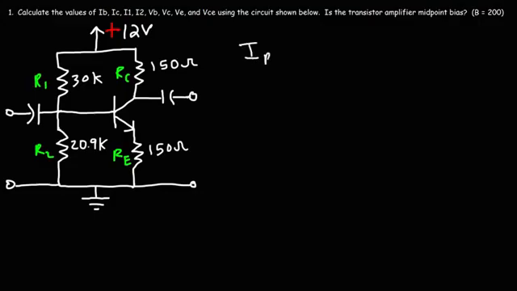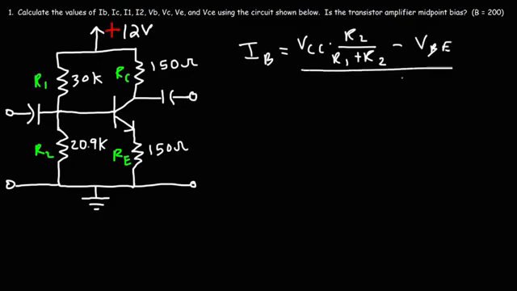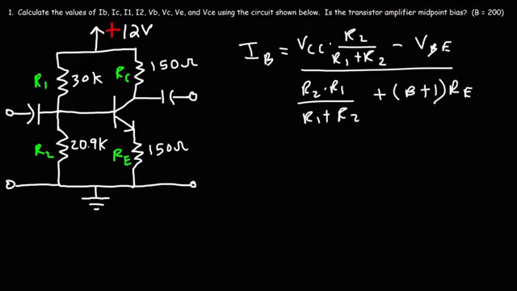Here's the formula that will help you: IB is equal to VCC, the collector supply voltage, times R2 divided by R1 plus R2, minus VBE, divided by R2 times R1 over R1 plus R2, plus beta plus 1 times RE. So that's the formula that will help you to calculate IB.